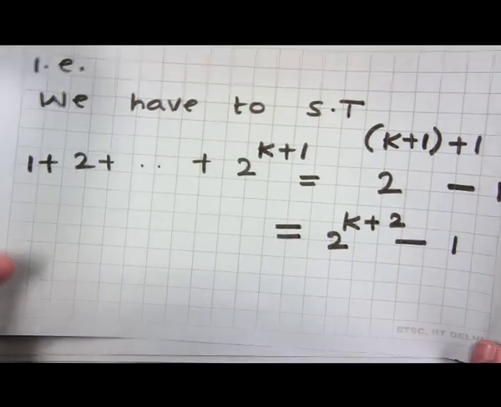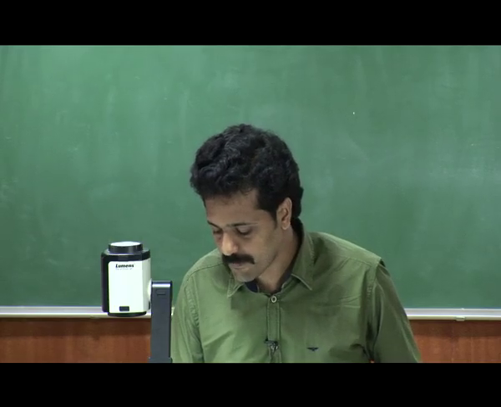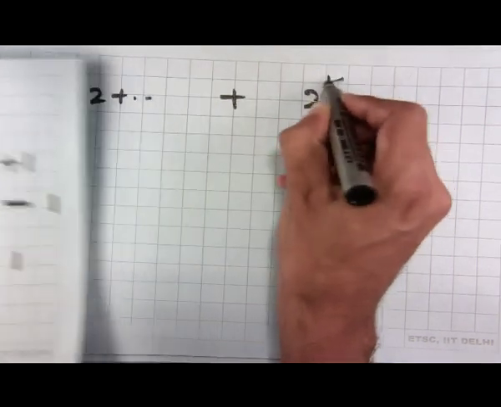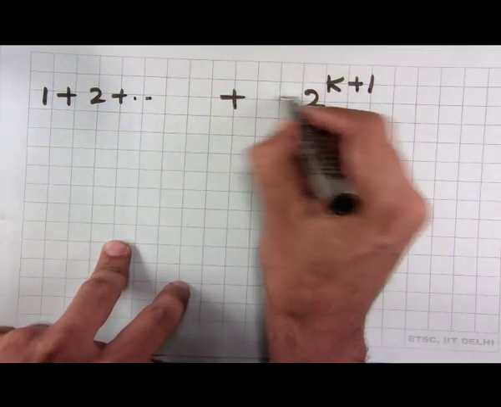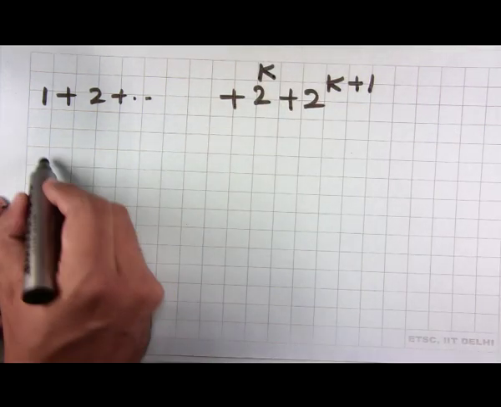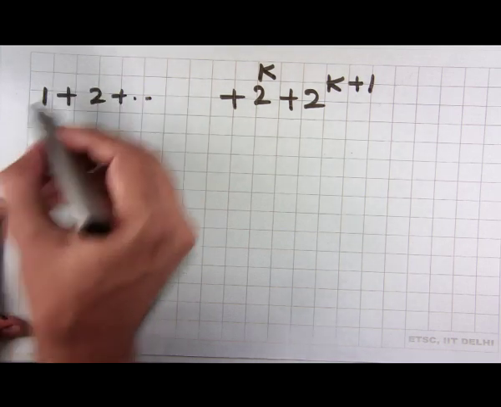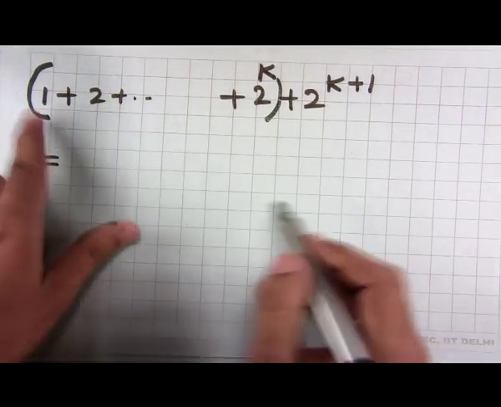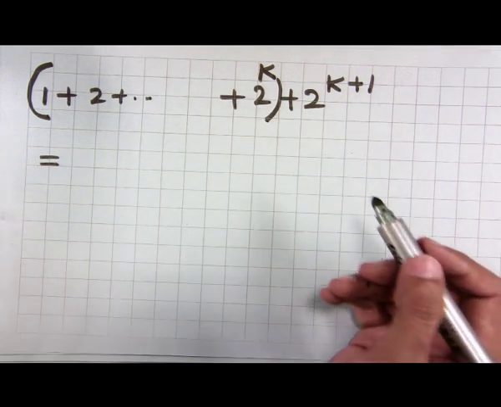As a routine matter, let us start with the LHS: 1 plus 2 plus etcetera plus 2 power k plus 1. Notice that the term previous to 2 power k plus 1 is 2 power k. What we have in our hand is the induction hypothesis. So, let us group this as (1 plus 2 plus etcetera plus 2 power k) plus 2 power k plus 1.